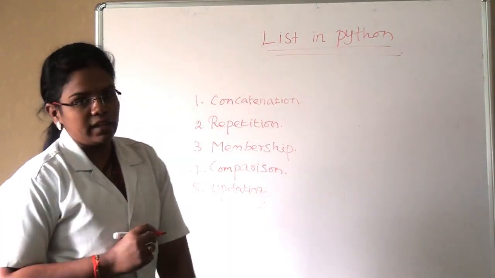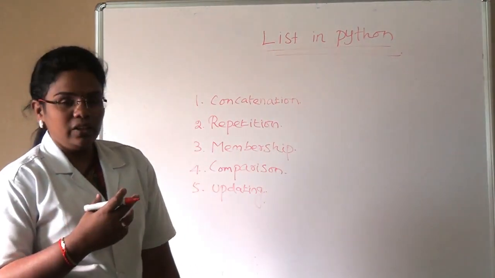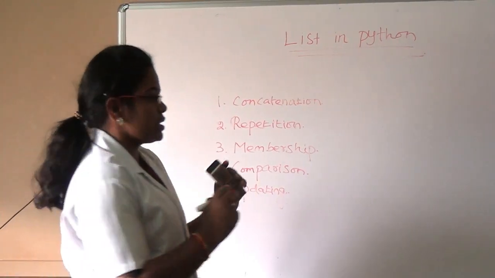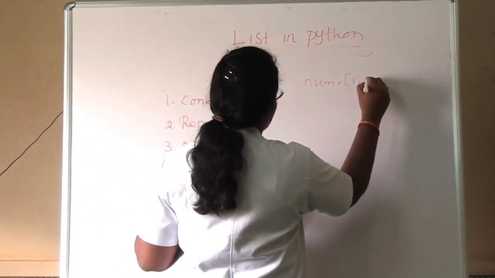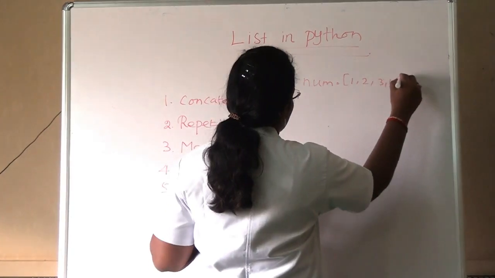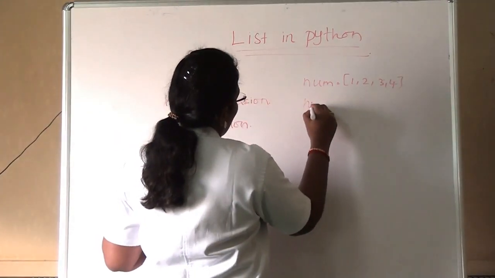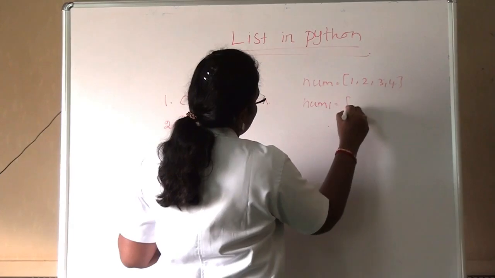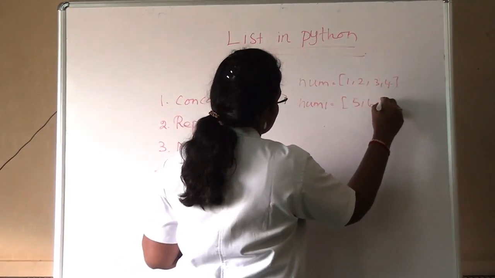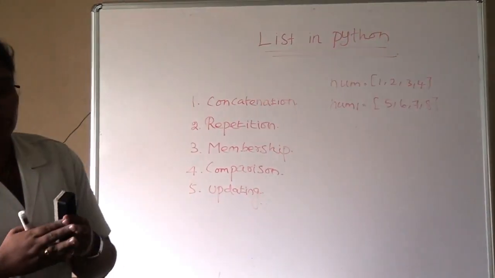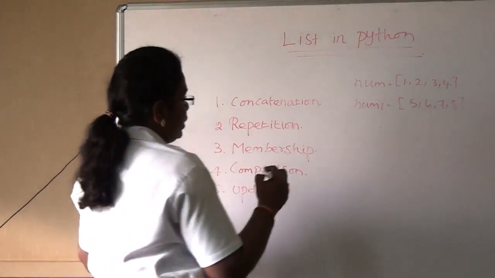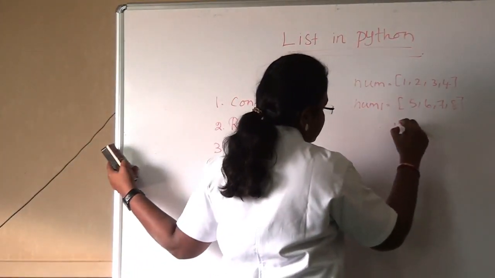First one is concatenation. Like in strings, you can concatenate two strings. num equals 1, 2, 3, 4, and then num1 equals 5, 6, 7, 8. If you want to add the two lists, or combine the two lists, you can use the operator called plus.